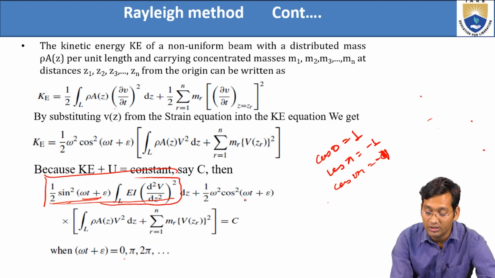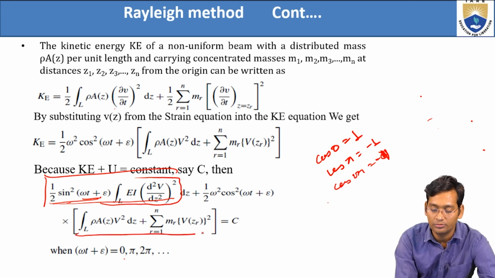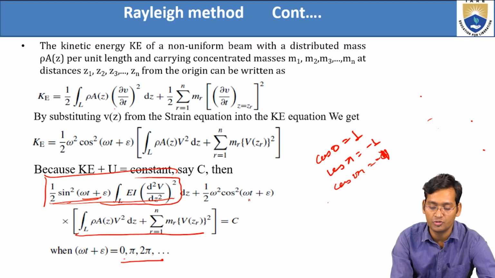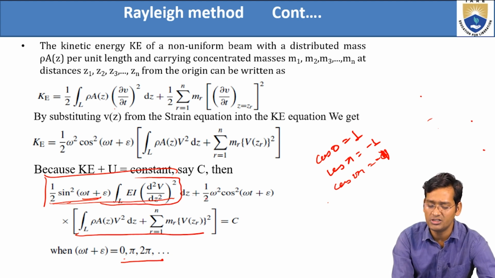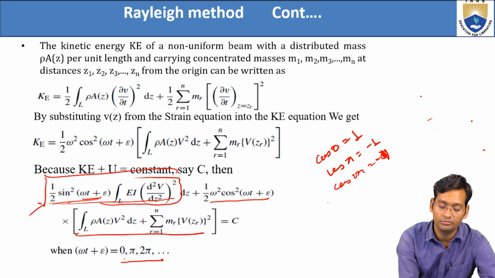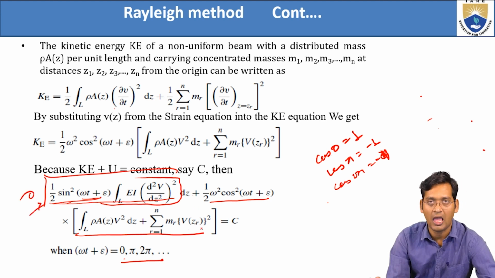Now here what will we get? ωt + ε as 0, so cos 0 is 1, right? So half ω² into this term. So for all of 0, π, 2π, because cos 2π is also plus, minus we will get for this term. So for 0, π, 2π, this term will be 0. This term only we will have.